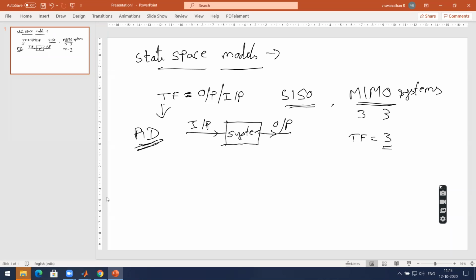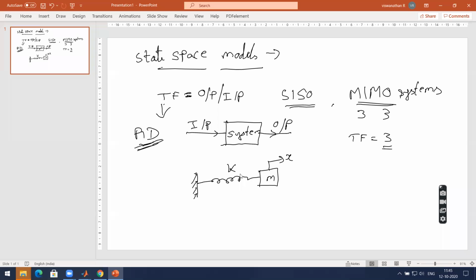Suppose for example we consider a spring mass system. This is a mass, x is the displacement, k is the spring constant.